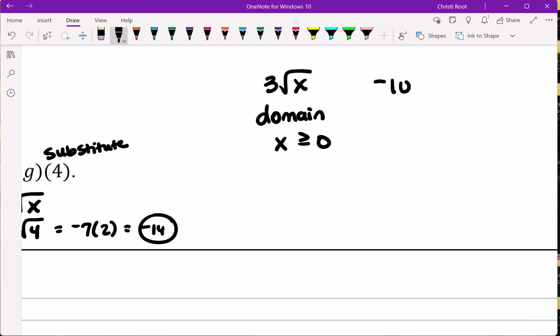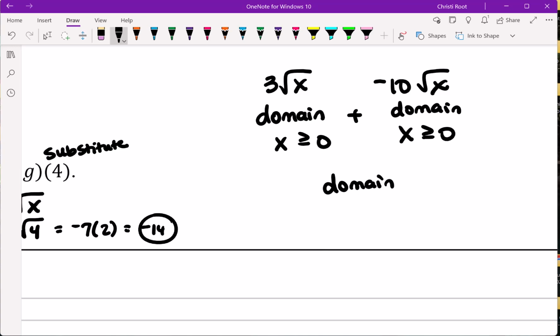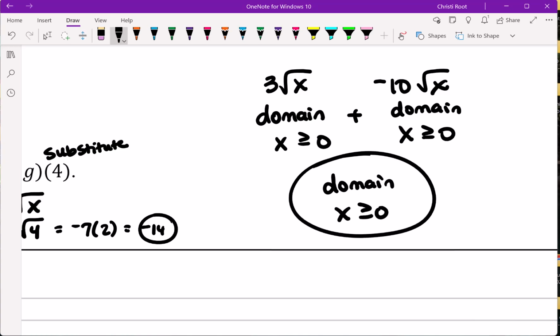The other one is reflected, but the domain is still everything greater than or equal to 0. Nothing's changing. So if they're exactly the same, then they have everything in common, right? So if you added them together, then your final domain is still going to be greater than or equal to 0 because they're all in common.